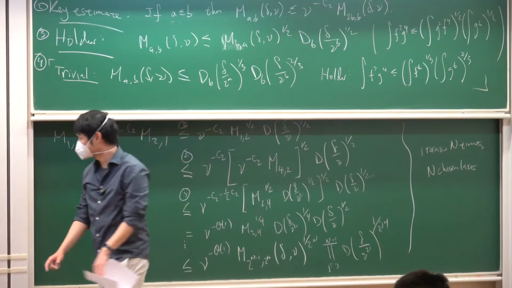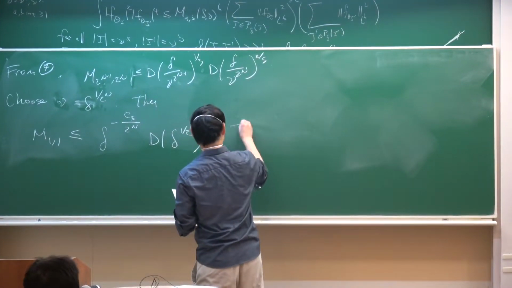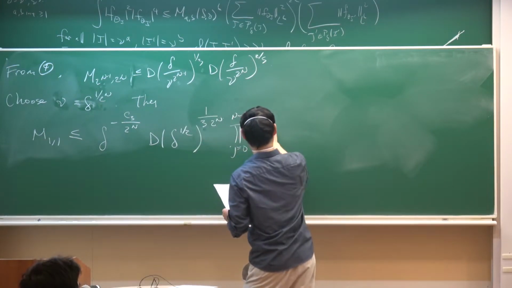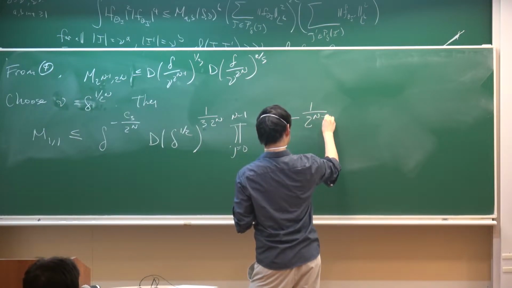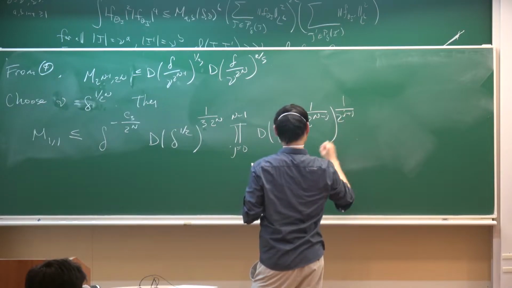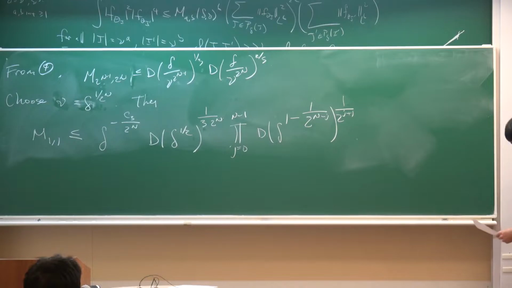Okay. Times the product, j equals 0 to n minus 1, d of delta to the 1 minus 1 over 2 to the n minus j, to the 1 over 2 to the j plus 1. So there's some mess. Okay. Great.